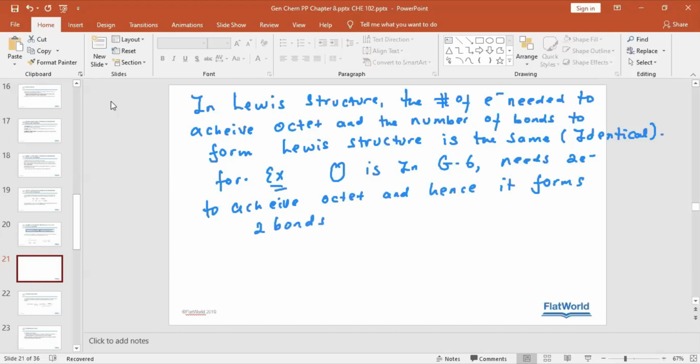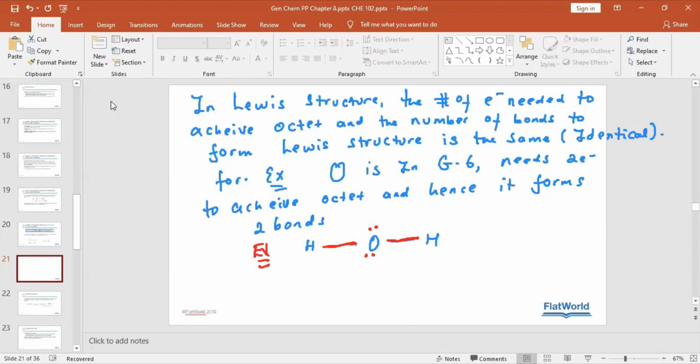A good example is oxygen forming 2 bonds with hydrogen. Oxygen forms 2 bonds. It's not by chance, it's not by accident, because oxygen requires 2 electrons to achieve octet. At the same time, it forms 2 bonds. This might be a good example.